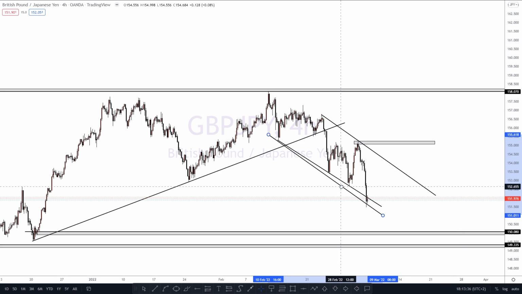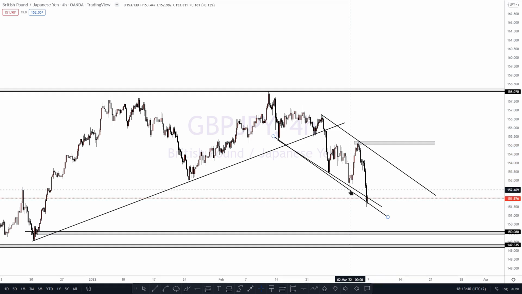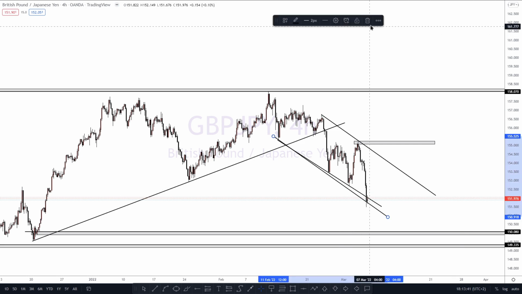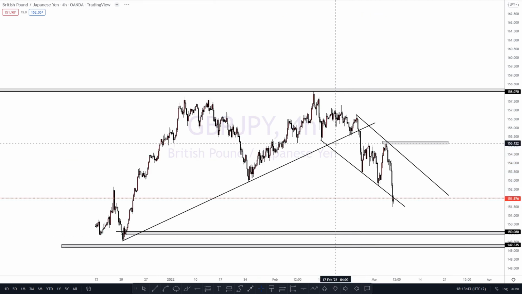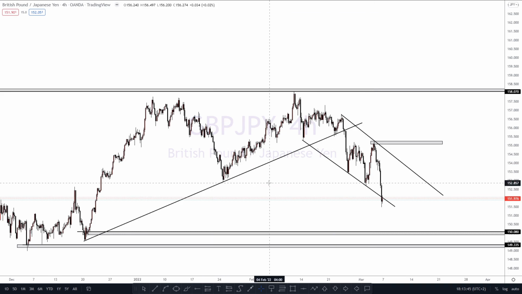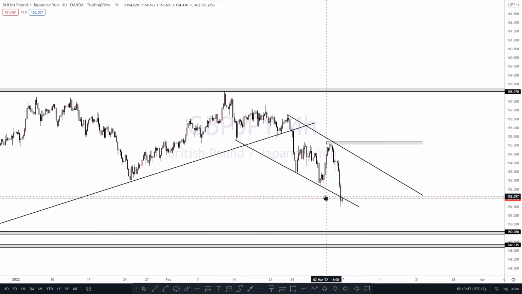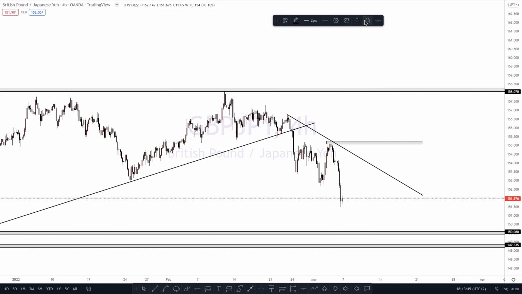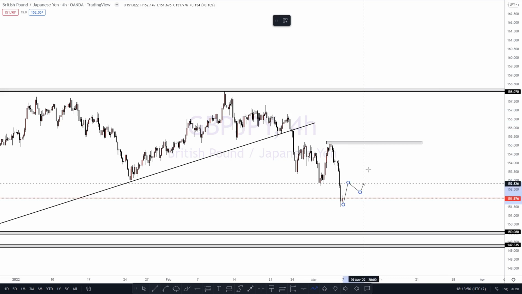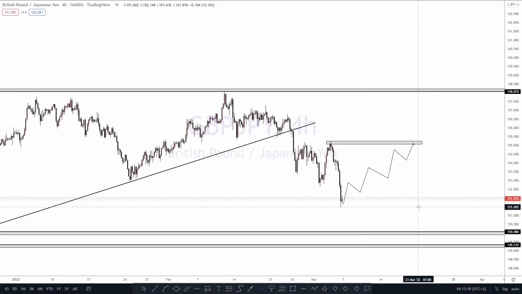So seeing a bit of falling channel, but yeah, there's not much. There's really not much in the market for us to be looking forward to. So we're just waiting. It's a waiting game to see what the market could potentially do. So this could potentially be happening, but if it doesn't, then we'll continue with the waiting game.